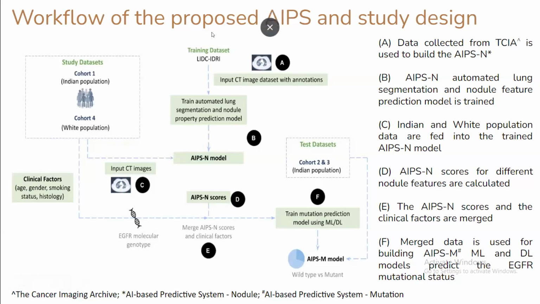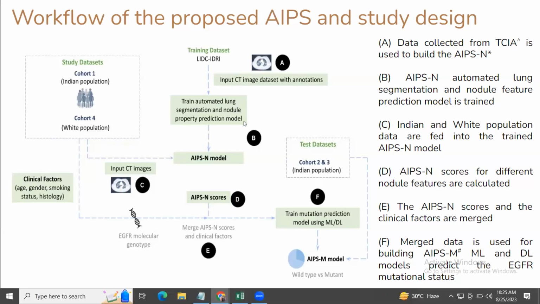So what we did, we took the training data set. What was the training data set? The CT images, PET CT images, which were annotated by the radiologist. What is the meaning of annotation?